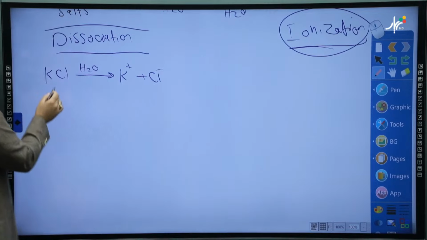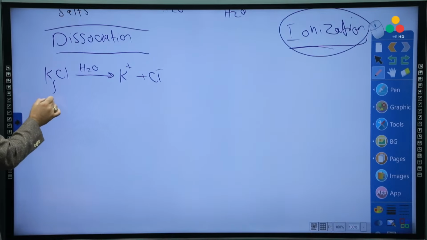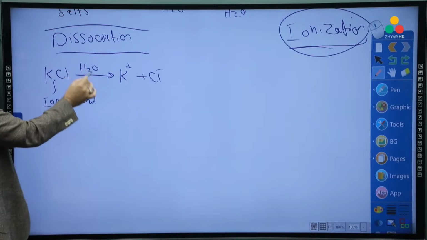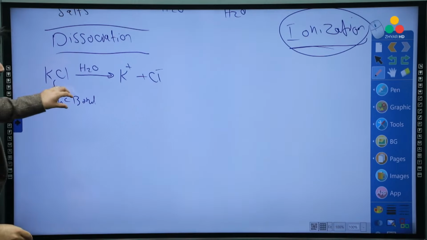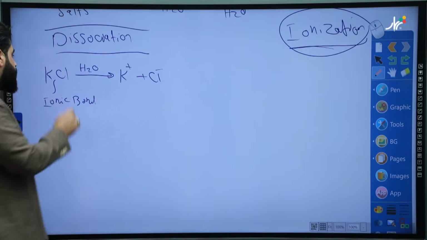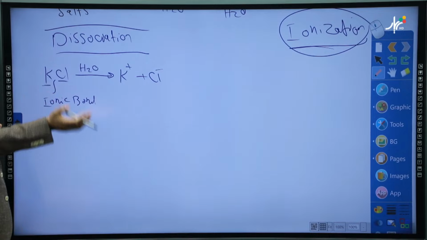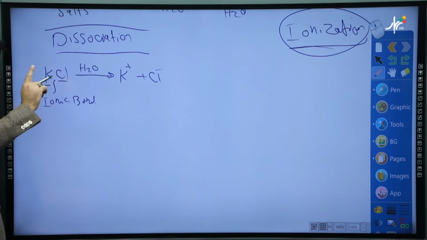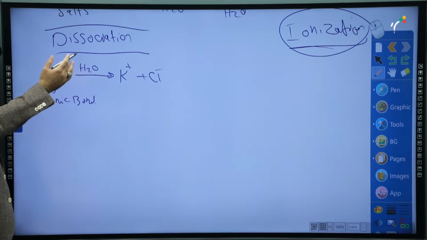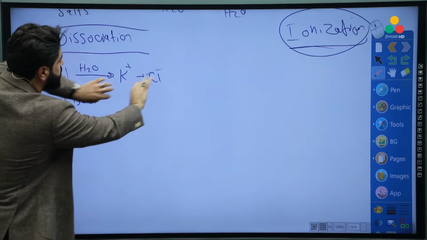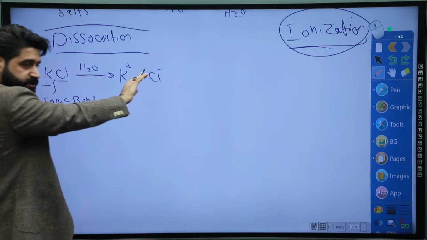Look, here we have an ionic bond. Water will overcome this attraction force. So it will break down the ionic bond. That's why the ions that are already present, look, it's very important, separate from each other.